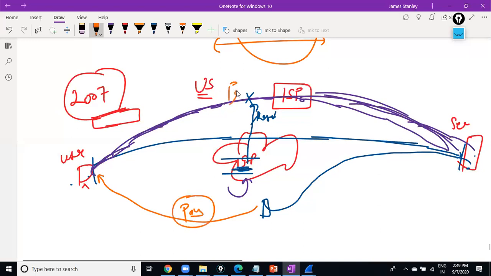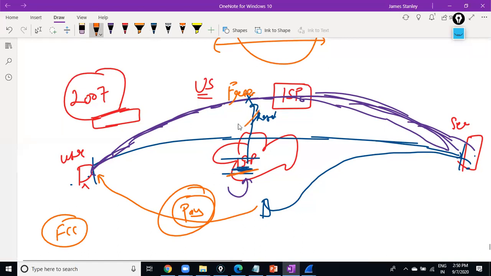Before, this was free. But after that, some organizations came, like the FCC. They were aware of all these things, and they took legal actions against the ISPs.